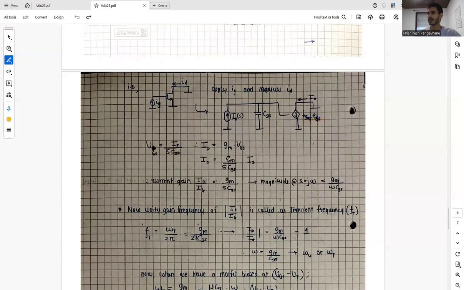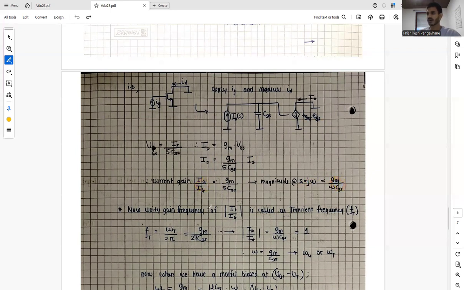If we put the value of VGS, ID will be gm by S CGS times IS, and the current gain is ID by IG, which is gm by S CGS. When we take the magnitude at S equals j omega, the current gain comes out to be gm by omega CGS.